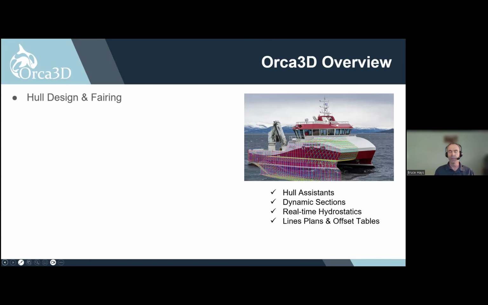As you move the control points, you can also have real-time sections, that is stations, buttocks, and waterlines, update in real time. We can also do real-time hydrostatics. Again, as you're moving control points, you see the hydrostatics update, and lines plans and offset tables. There are some other tools in this module as well, but those are the highlights.